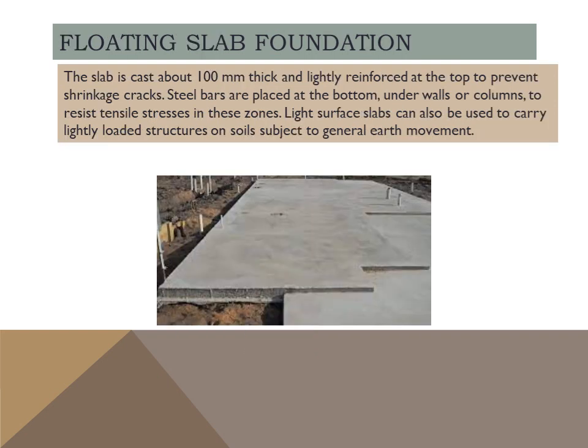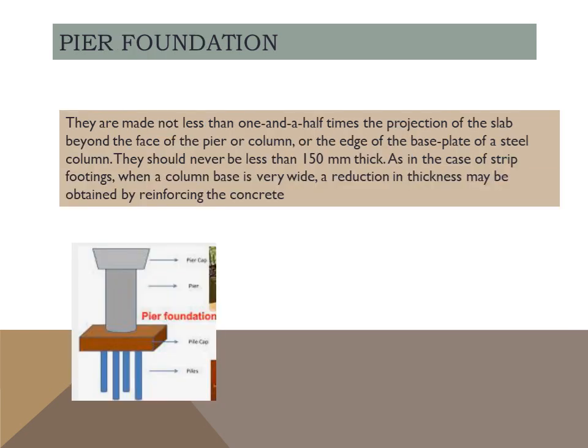Floating slab foundation. A slab is cast about 100 mm thick and lightly reinforced at the top to prevent shrinkage cracks. Steel bars are placed at the bottom under walls or columns to resist tensile stresses in these zones. Light surface slabs may also be used to carry lightly loaded structures.